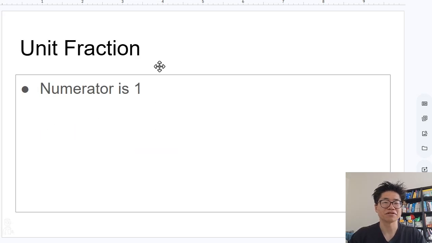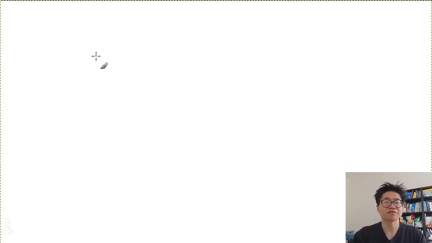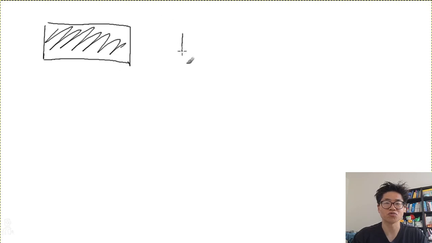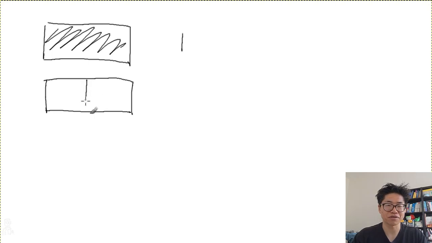Okay, now let's start with unit fractions. Let's start with something simple. Imagine this is a chocolate bar, the complete chocolate bar, so it's 1. And this is the same size of chocolate bar, but I divide it by 2. This part I call half, 1/2.